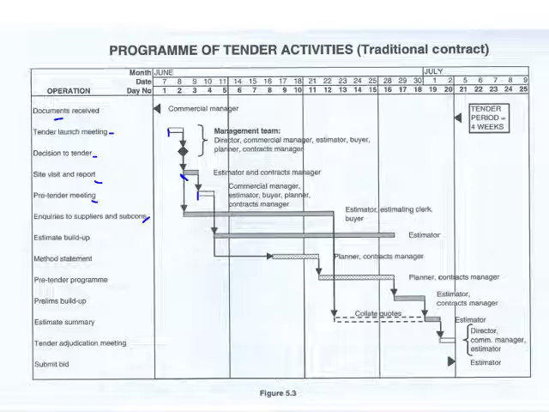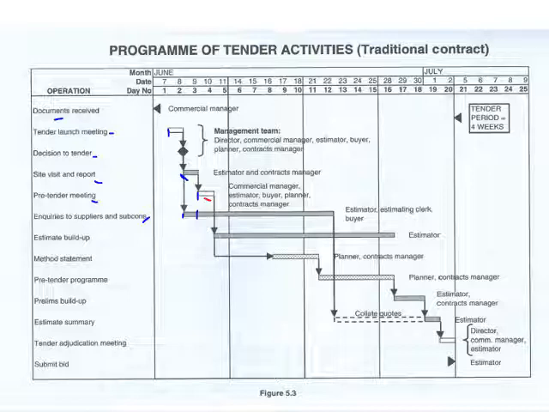Okay, then you've got your inquiries to suppliers and subcontractors. This can start early already. You can start asking your suppliers whether they can actually help you on this tender document. So you might establish your crucial subcontractors, whether they can get involved, because it will influence your decision whether you're going to tender or not.